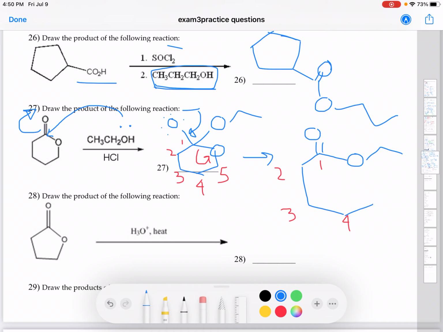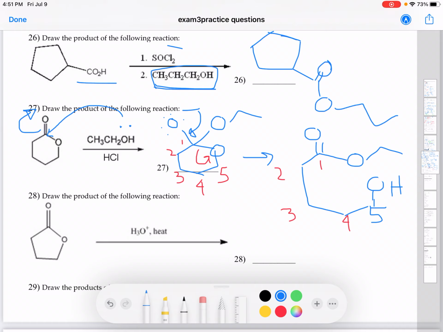On the fifth carbon you have oxygen. Okay, and this oxygen initially will be negative charge, and then you can grab a proton and become OH. Okay, 1 2 3 4 5 here. So you will have 1 2 3 4 5 carbon.